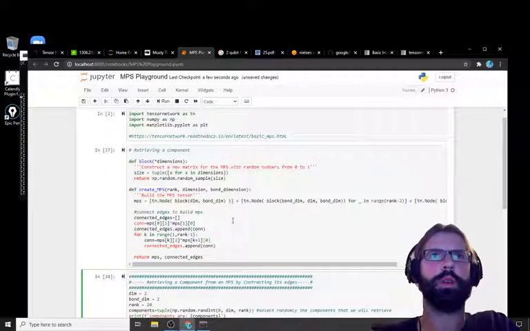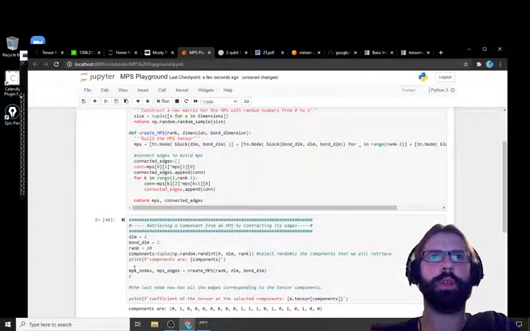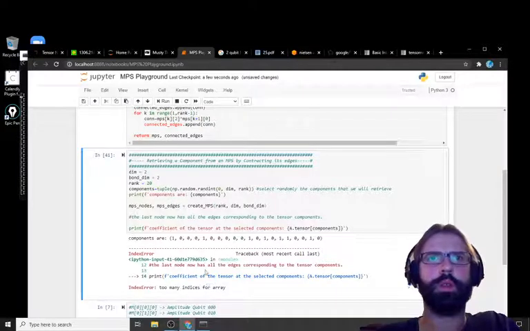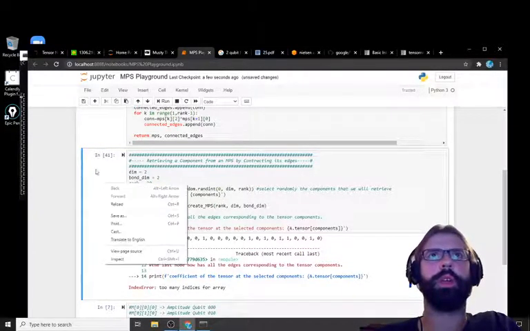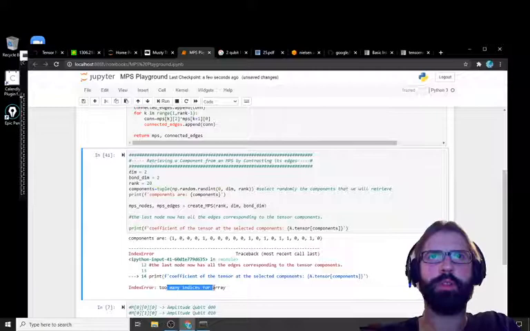What am I doing? C is not defined. What have I added here? The C. That's not what I want. Okay, I don't care about these. So, what? Too many indices for array.